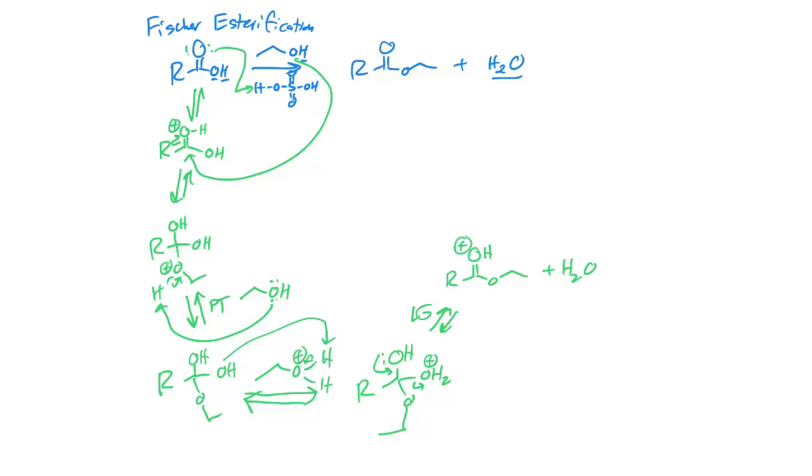We just have this protonated ester now, and I'm going to draw my two arrow push proton transfer as the final step. So this is Fischer esterification. It is several steps, most of which are proton transfers. There's of course the nucleophilic attack using the ethanol, and there's loss of the water byproduct. You can review this mechanism in more detail if you need to in your textbook.